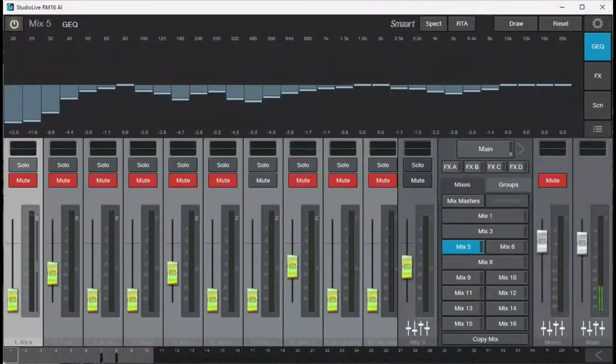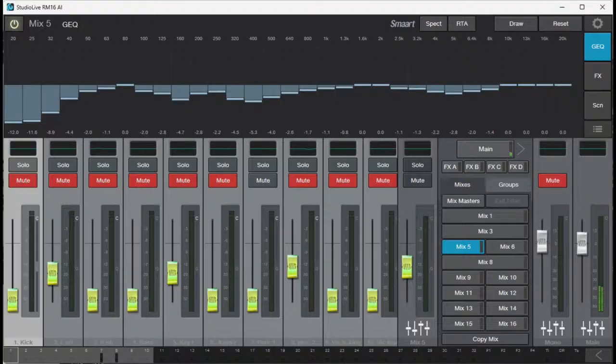I'm going to give you a picture of a monitor curve, if you will. Here we go. This is from my PreSonus mixer, just a screenshot. And you'll notice in the graphic EQ here, this is basically volume versus frequency, and almost all of the low end is taken out.